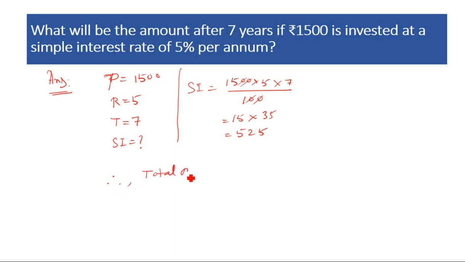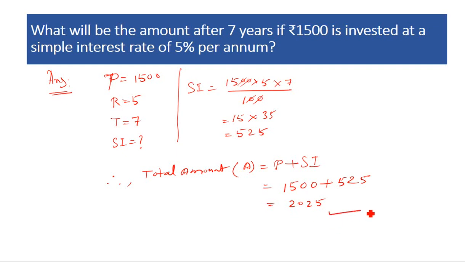Simple interest is 525. Total amount A is equal to P plus SI, 1500 plus 525. Correct answer is 2025.